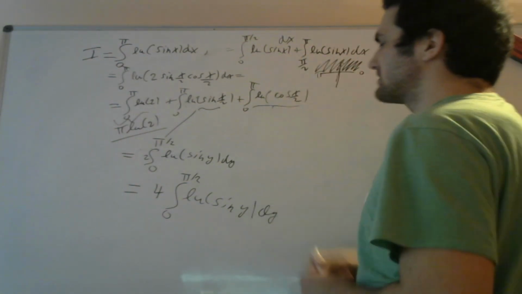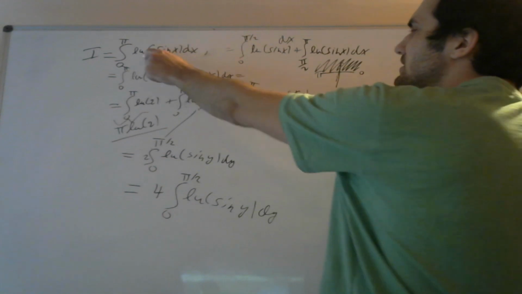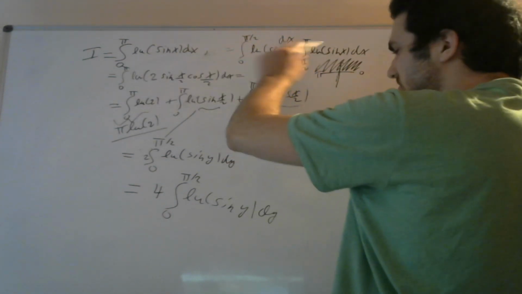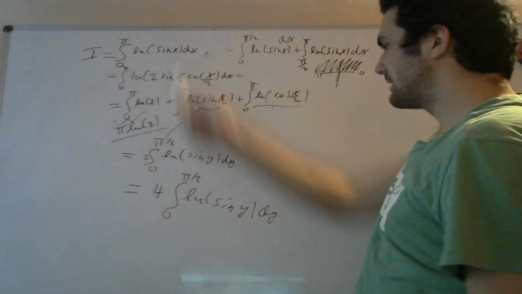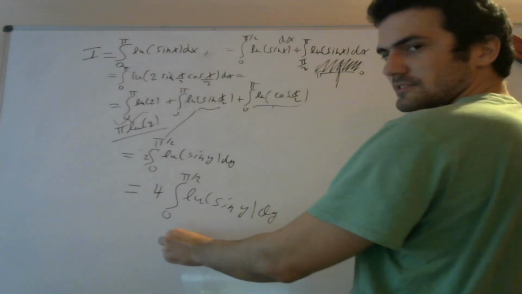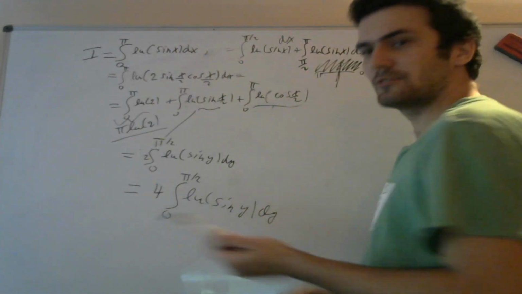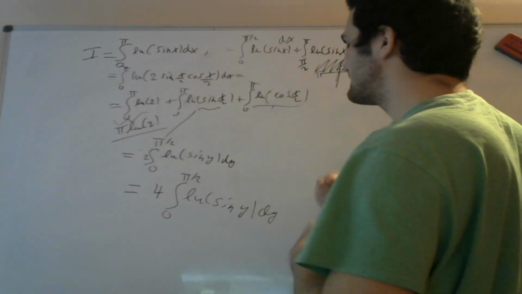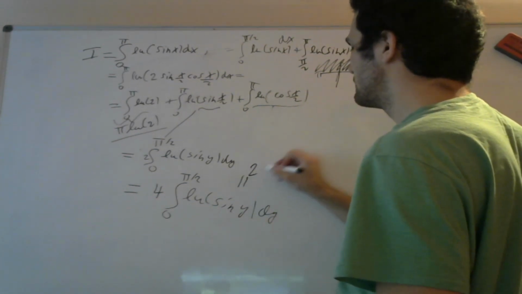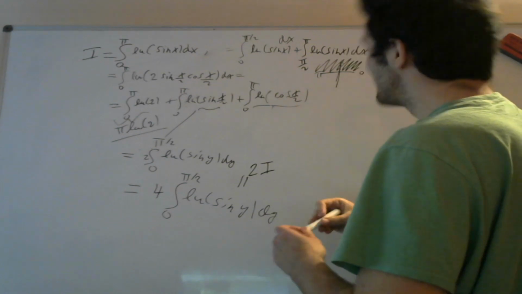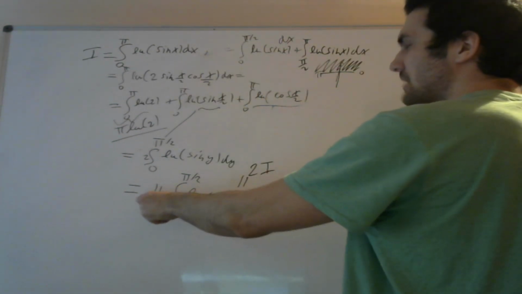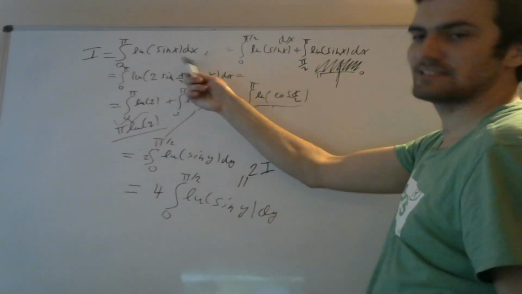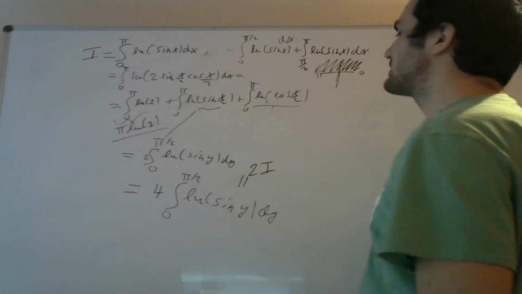These two integrals are the same, so they equal one integral, and we have 4 integrals from 0 to pi over 2. So this integral equals 2I, because these two make one, and the 4 times this one make 2 of these.